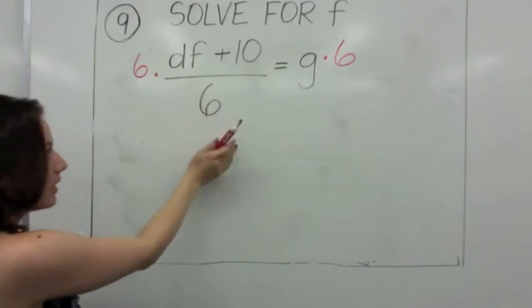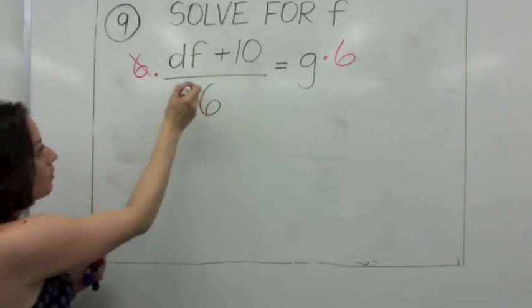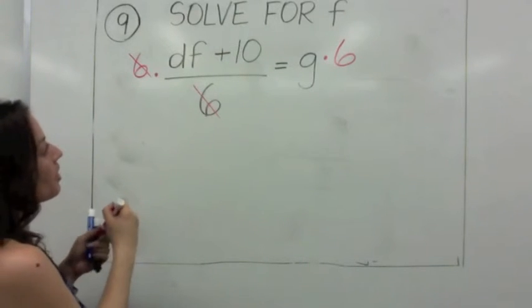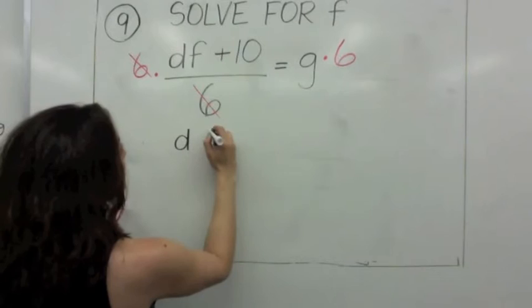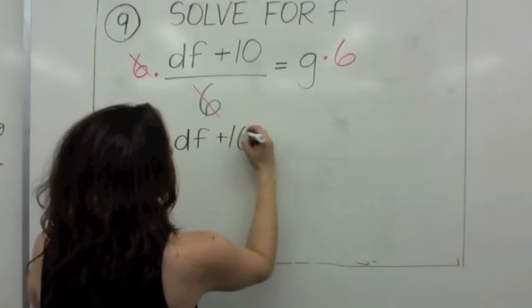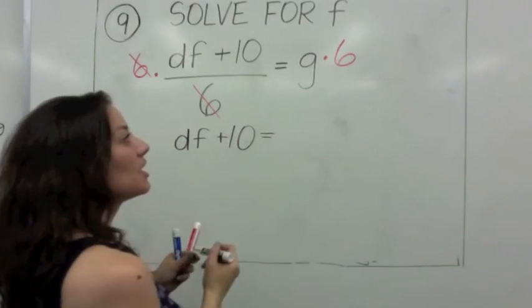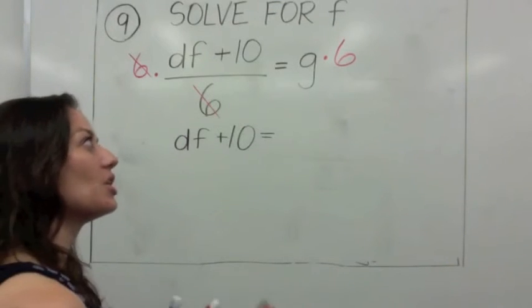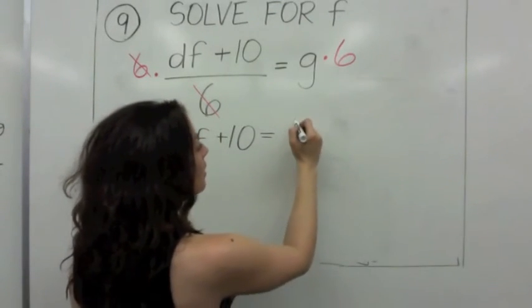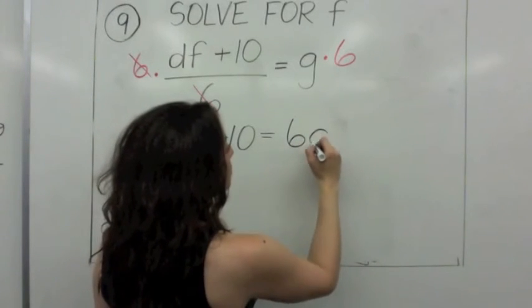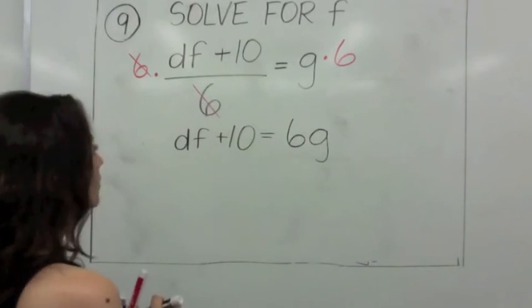If you want to get rid of the denominator, you just multiply both sides by the denominator. You're left with what is on top, which is the numerator, which is df plus 10 equals, now g times 6, you can't leave it that way because the coefficient needs to come first. When a coefficient and a variable are being multiplied, you're going to write it as 6g, all right?